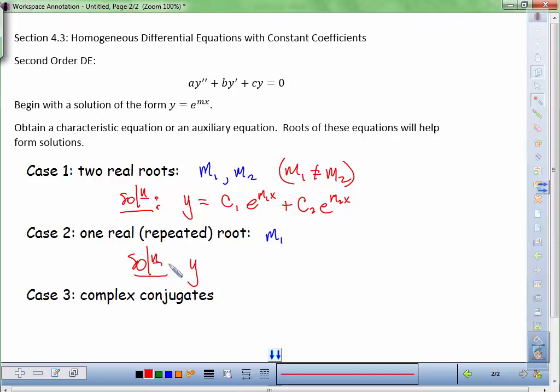And so your solution for this turns out to be C1 times e to the m1 times x plus C2, and then the other fundamental solution is going to be x times that. So x times e to the m1 times x. And those two are linearly independent, so they would form your general solution for your differential equation.